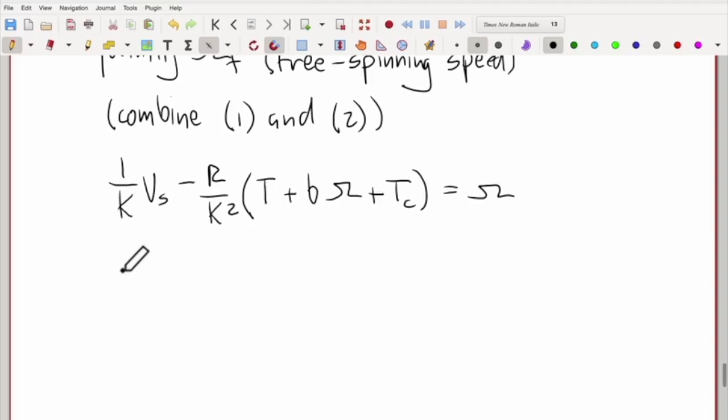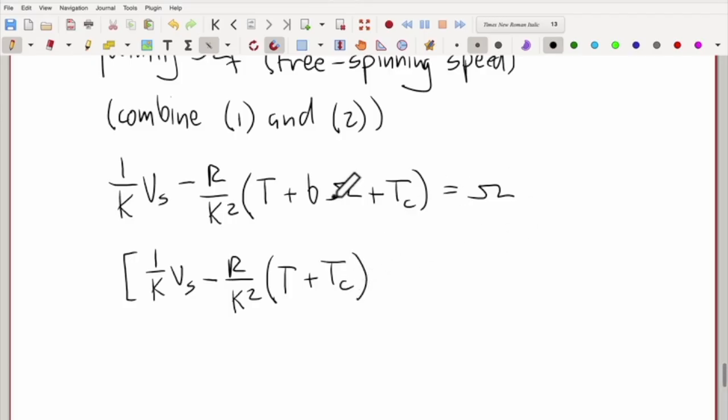Then we would need to do some rearranging. We have omega appearing twice, so we have to do a little bit of rearranging here. So I'm going to write 1 over k Vs minus r over k squared times T plus Tc. And I'm going to move this omega term over to the other side.